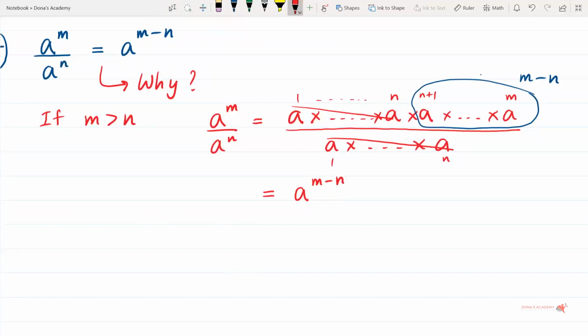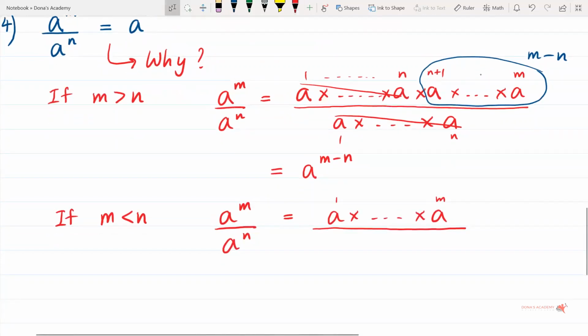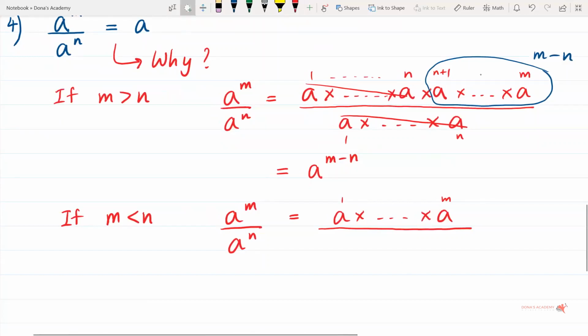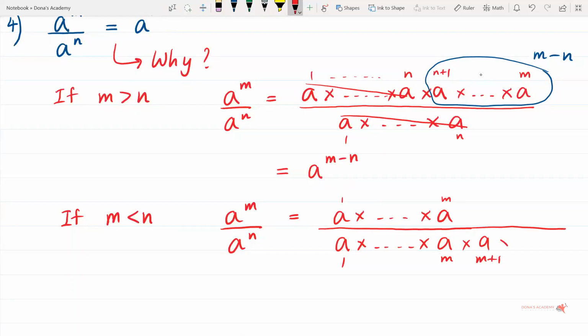Now my second case is if m is less than n. In this case, how do we expand this? Now m is smaller, so I have m number of a's starting from 1 up to the mth a in the top. In the bottom, n is bigger than m, so I have a up to the mth a, and then the m plus 1th a, up to the nth a.